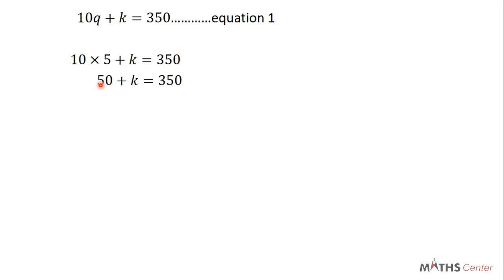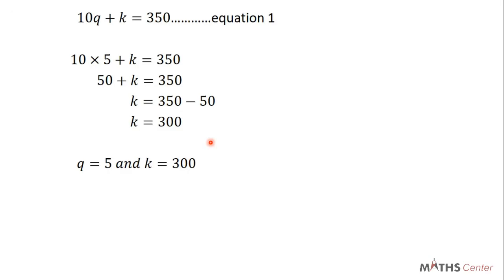So you will have 50 plus K is equal to 350. If we group like terms, you have K is equal to 350 minus 50, and so K is equal to 300. So we have been able to find the value of the two constants. Q is 5 and K is 300.